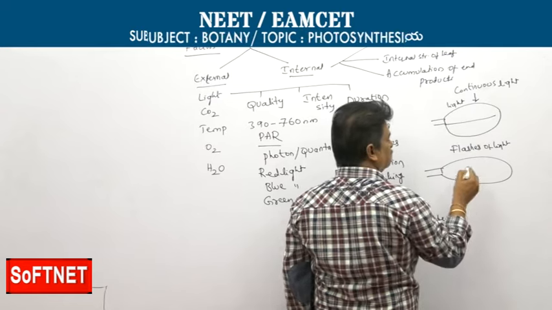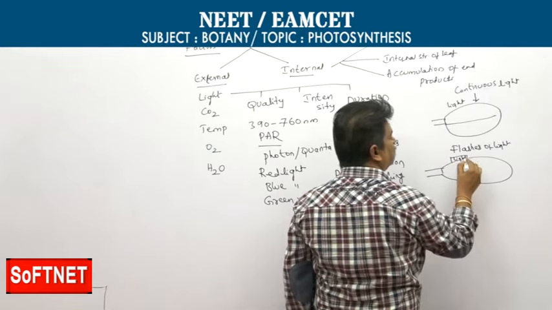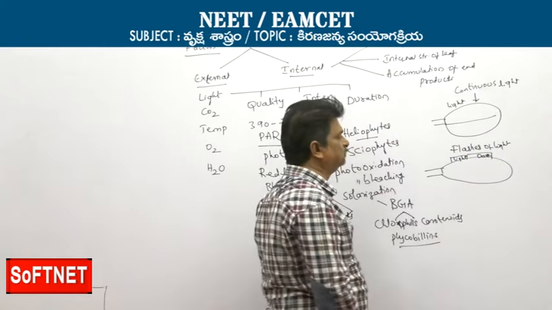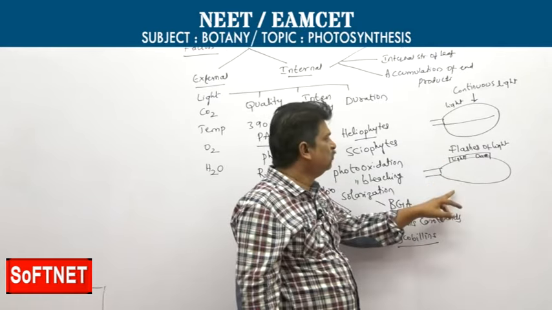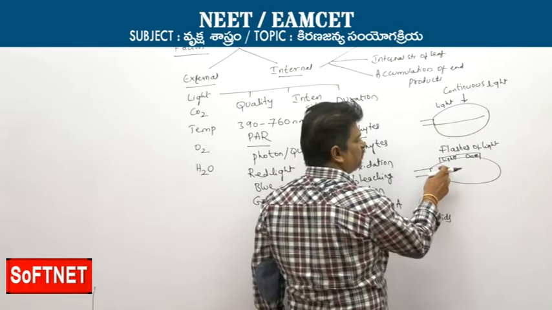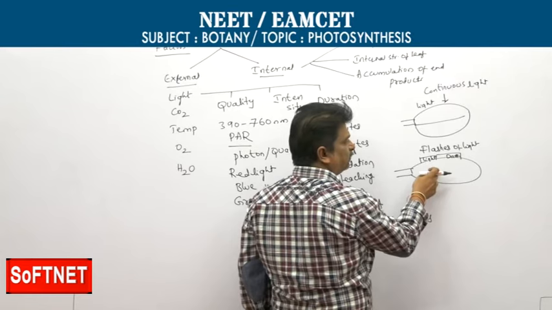Discontinuous light means the light period is interrupted by dark. In which leaf does more photosynthesis take place? The leaf exposed to flashes of light.